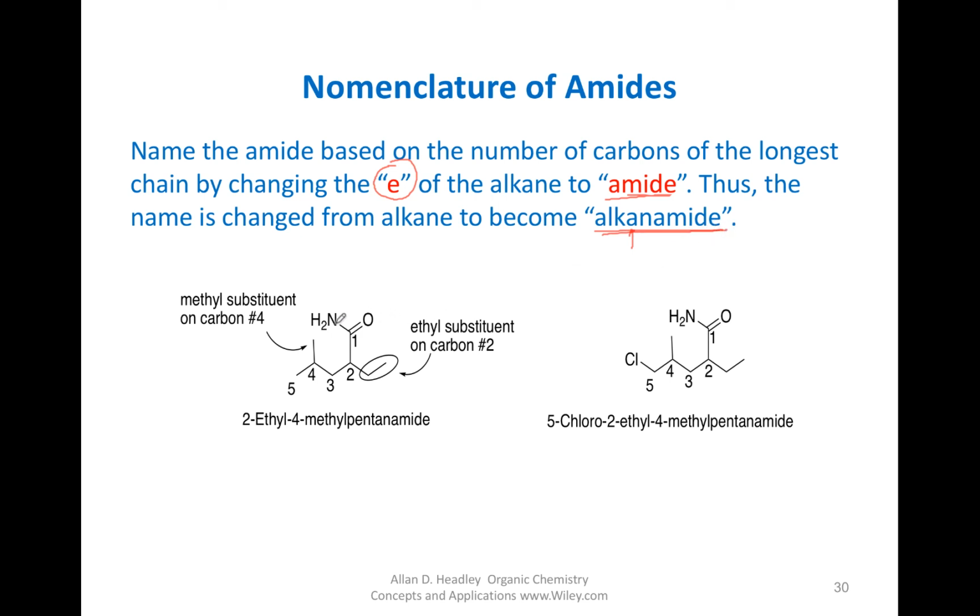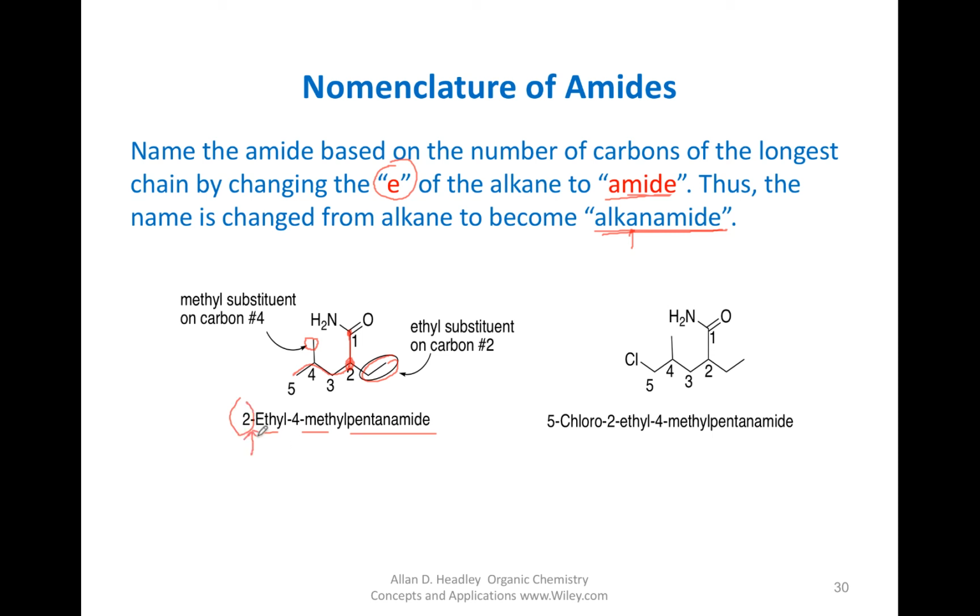So here we go. So this is carbon number 1 of the amide. And we go in this direction, 5 carbons. So it's a pentanamide. On carbon number 4 is a methyl group. On carbon number 2 is an ethyl group. So that's why it's 2-ethyl.